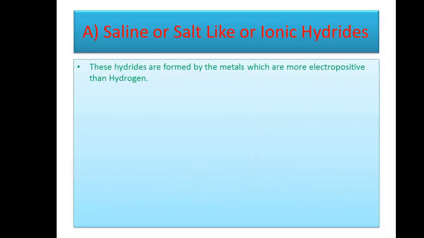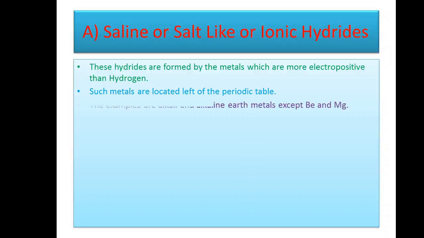In saline or salt-like hydrides, these hydrides are formed by metals which are more electropositive than hydrogen. Such metals are located on the left of the periodic table, that means lithium, sodium, potassium. These elements form hydrides. The examples are alkali and alkaline earth metals except Be.